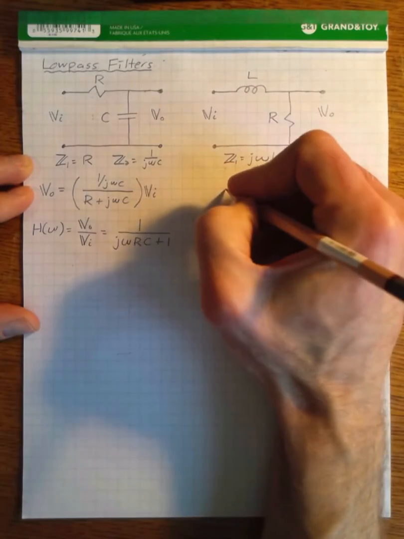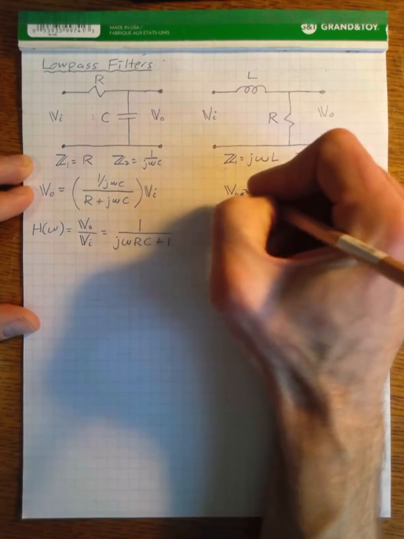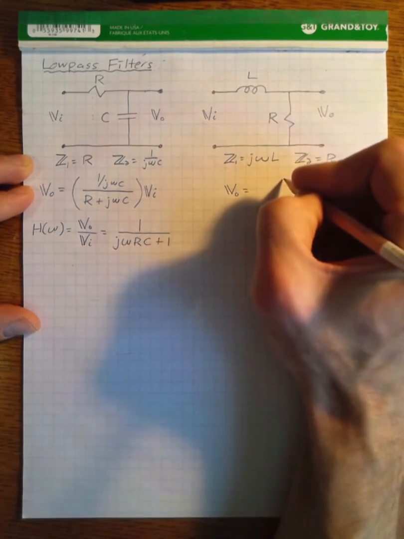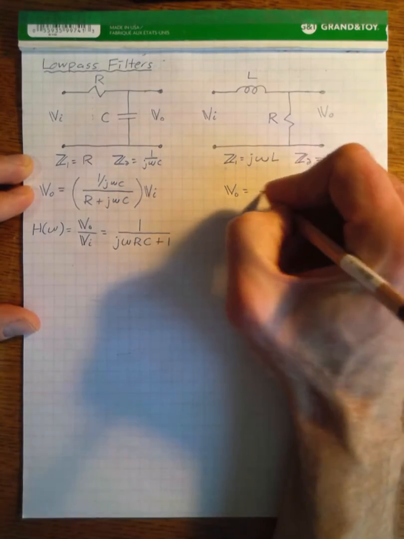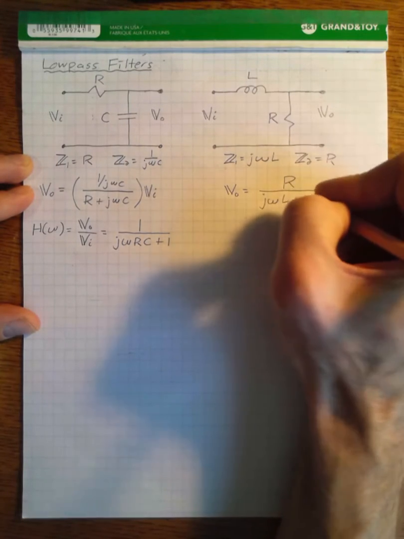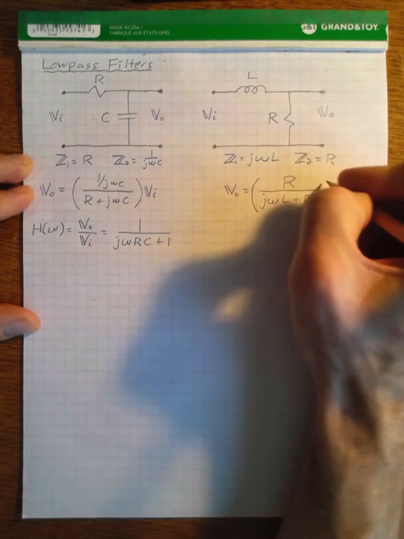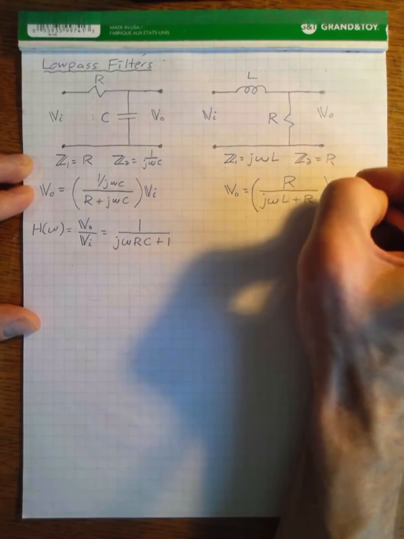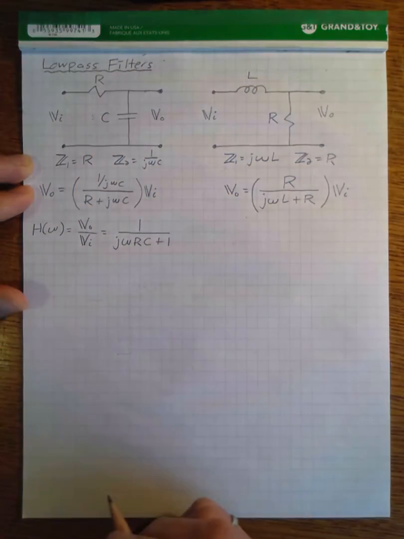Over here, we have V out is equal to R over j omega L plus R times the input.